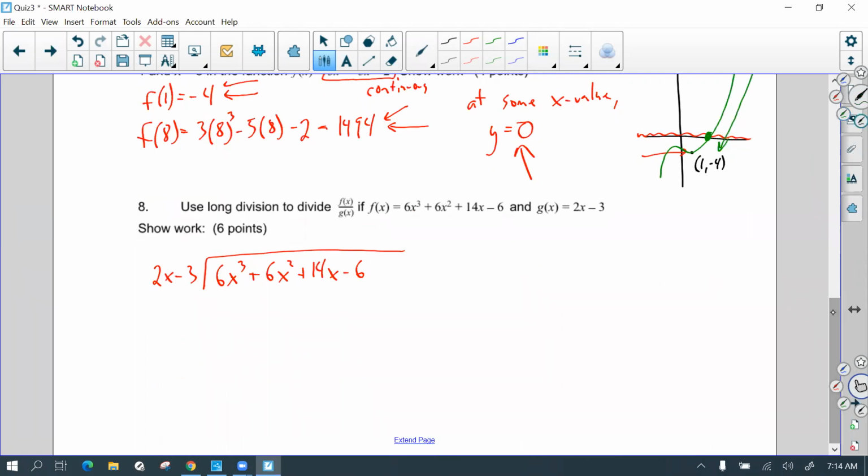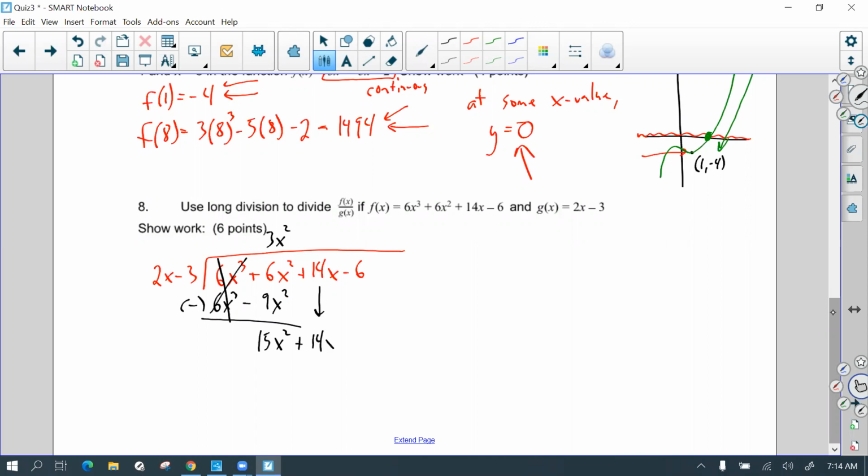Here, I want to find a number that cancels out 6x cubed, and that is going to be 3x squared. So 3x squared times 2x is 6x cubed minus 9x squared. You subtract, these go away. 6 minus -9 is positive 15. Drop down the 14.